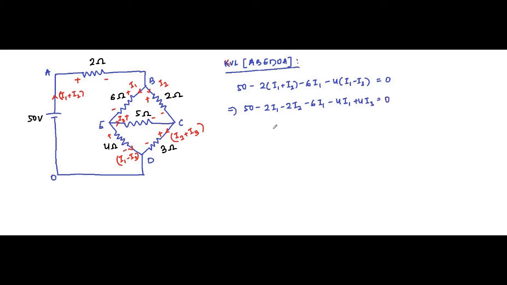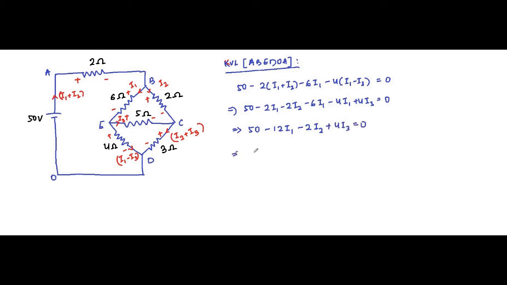That implies 50 minus 12I1 minus 2I2 plus 4I3 equals 0.